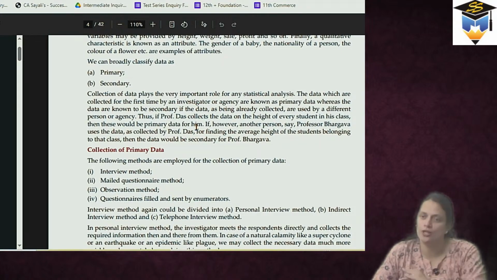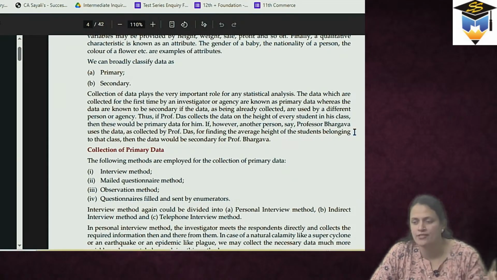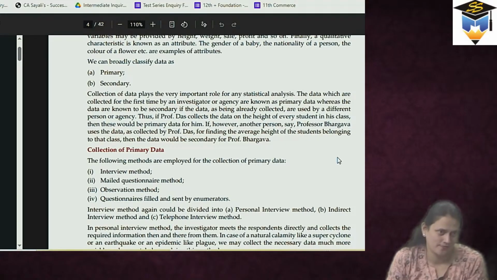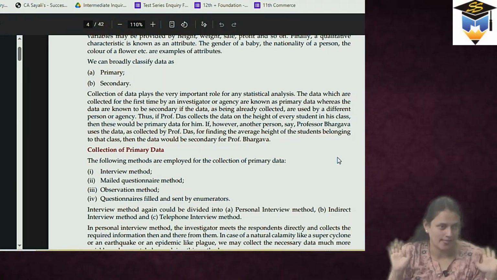Height of every student is going to be the primary data. Okay. However, if another person, say Professor Bhargav, uses the data as collected by Das to find the average height of the students. So, समझ में आया? Primary data is what? All the heights of different students in his class.